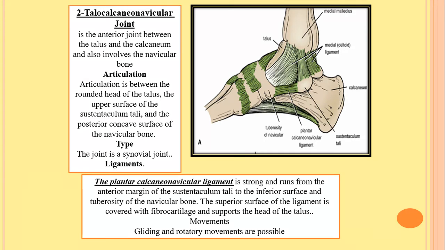So when you are asked about rotatory movements, the subtalar joint will come into consideration. Nature has created these joints in such a way that when we walk on an uneven or stony surface, it provides stability of the joint, and transmission of body force and body weight to the ground is maintained.